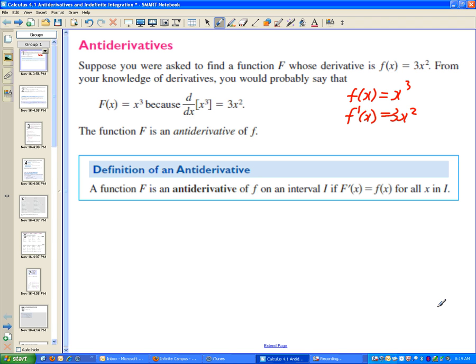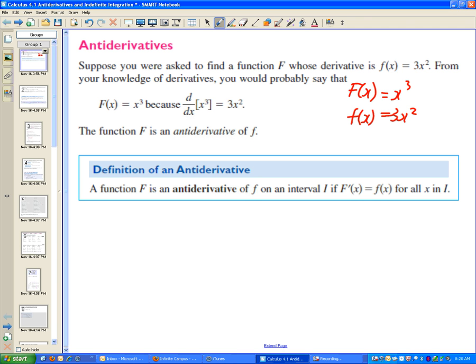This book and most books tend to use that capital F to signify antiderivative. Okay? So we could think of it this way. If this is f of x, then this is capital F of x. All right?